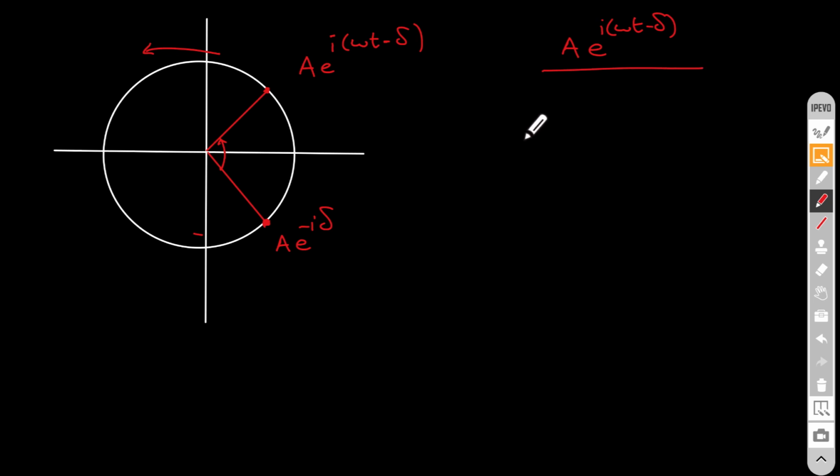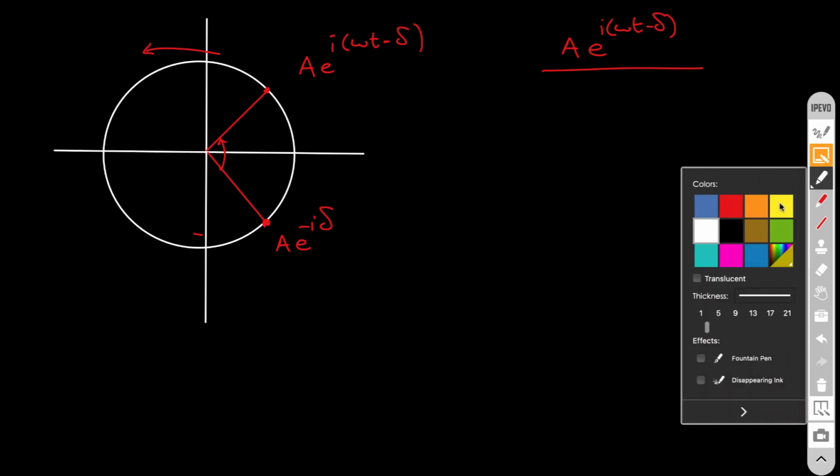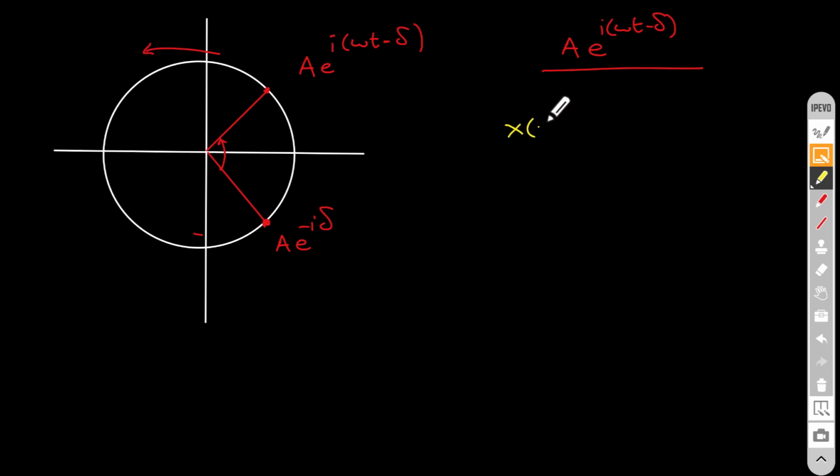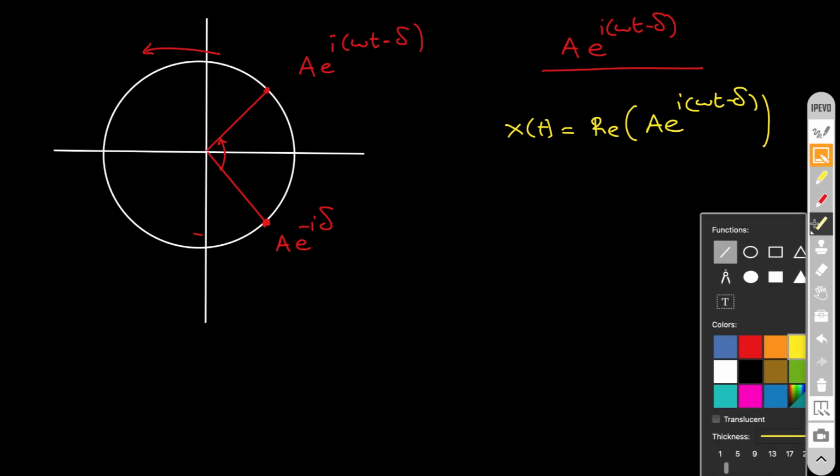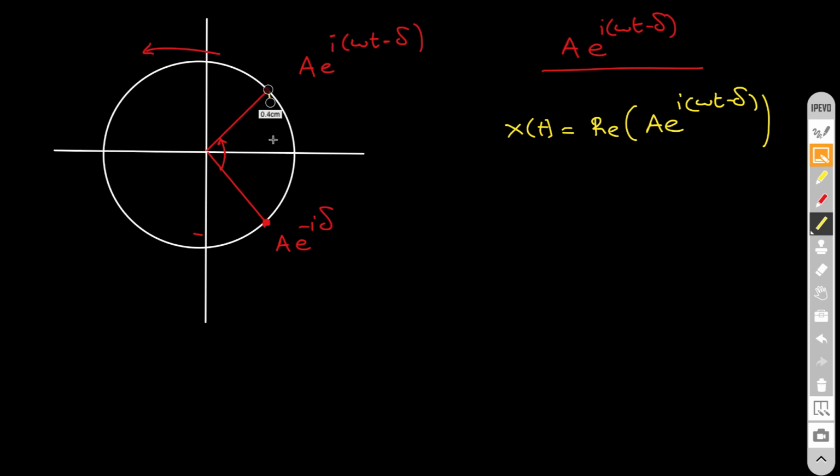Now I want to remind you, the solution for x as a function of time, I found that the solution was simply the real part of that. The real part in this case is the projection onto the horizontal axis.